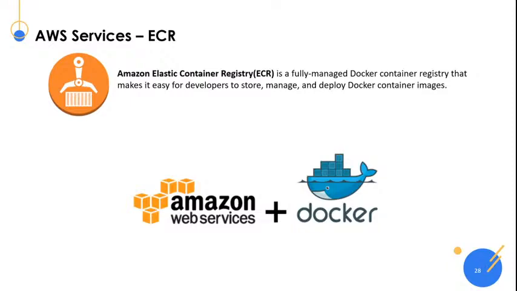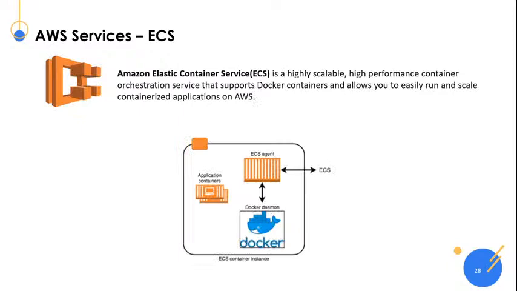And what does the ECR service do? It stores these containers in a repository. Like we have GitHub for code, similarly, we have ECR for storing the container images. Now if you want to run those images, you have a service on AWS called ECS.